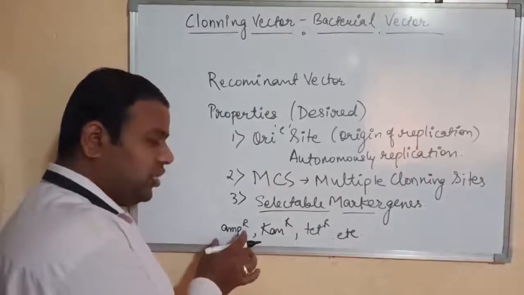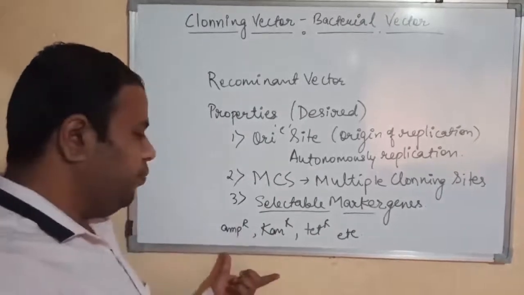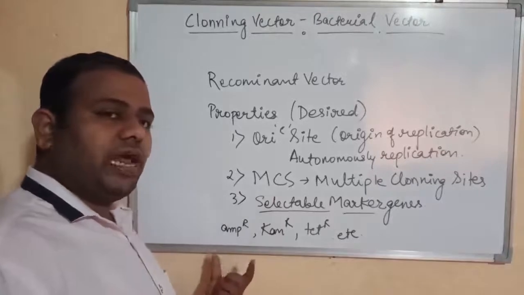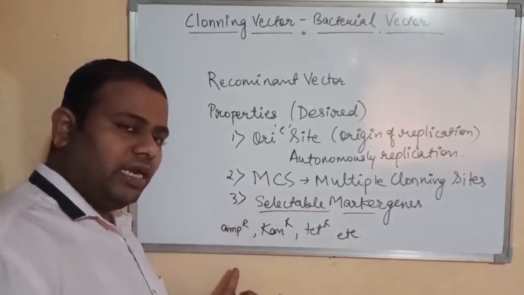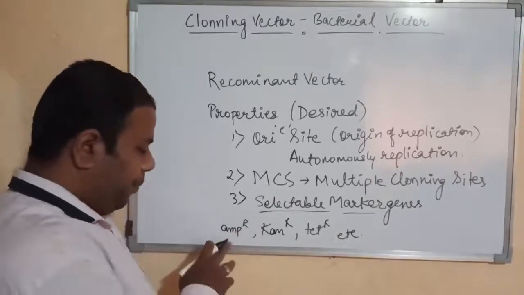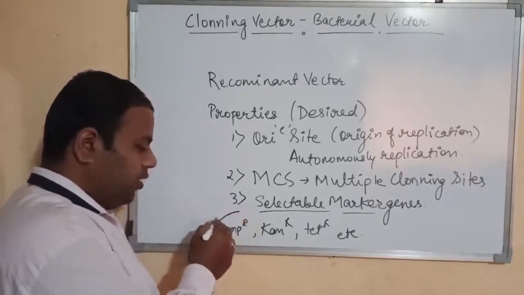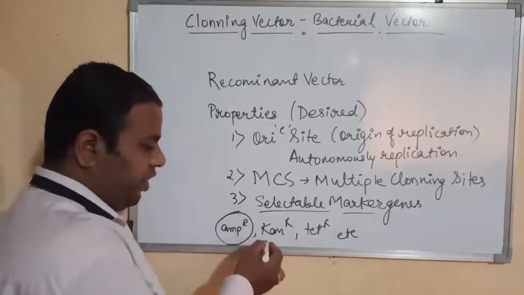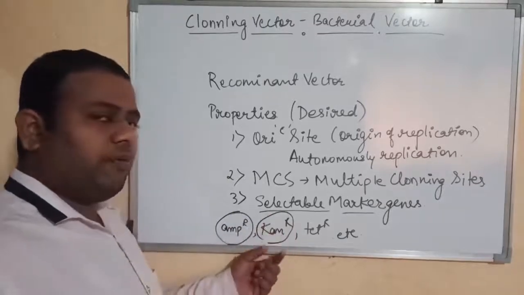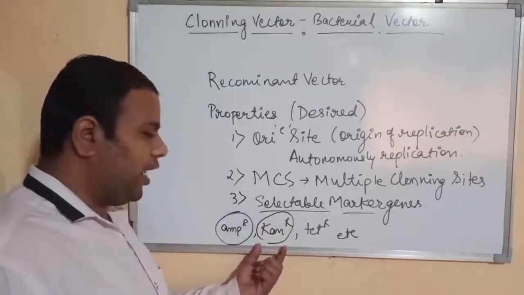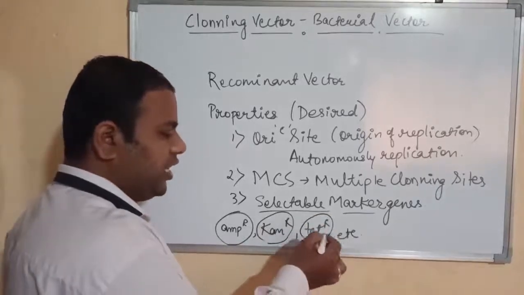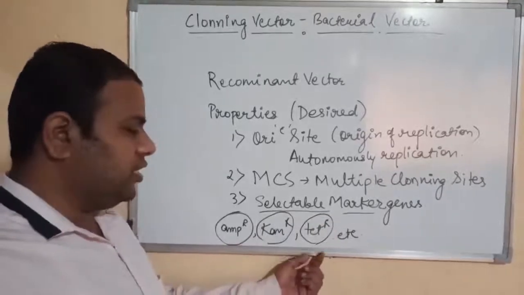For example, if this gene is present in our plasmid and we transfer this plasmid along with the desired DNA into the host, what will happen? Due to the presence of this gene, our bacteria will become resistant to ampicillin. If a kanamycin resistance gene is there, our bacteria will become resistant to kanamycin. If a tetracycline resistance gene is there, our bacteria will be resistant to tetracycline.